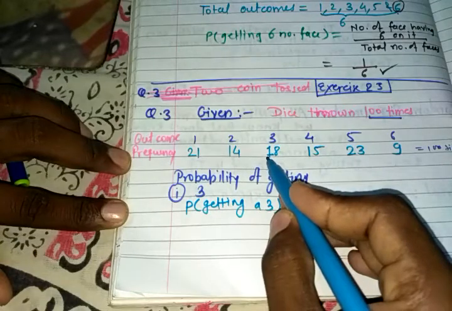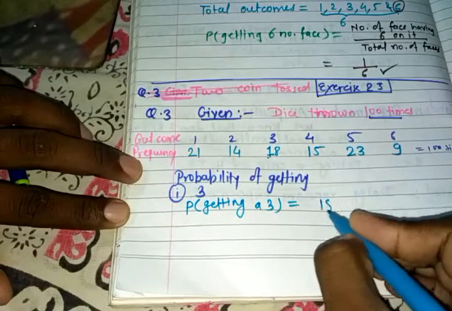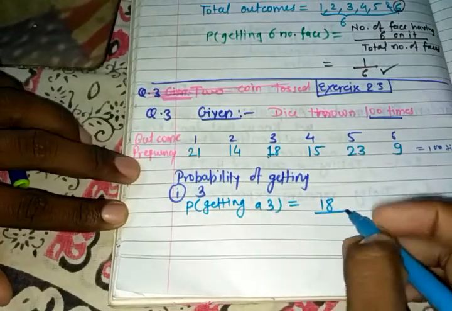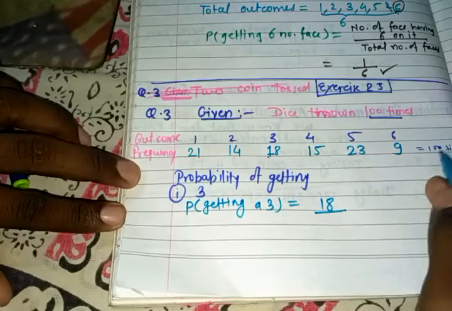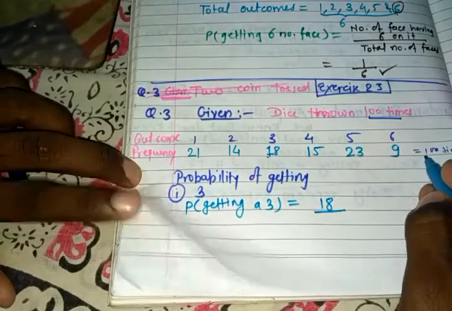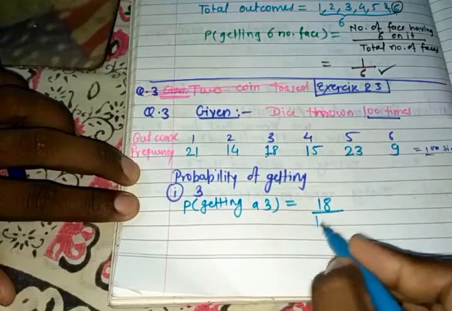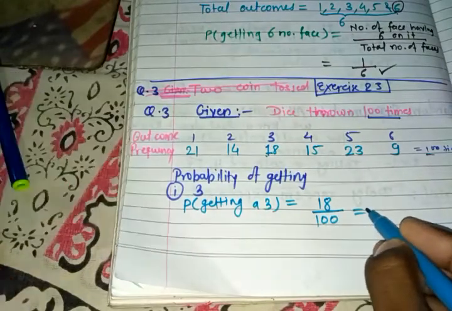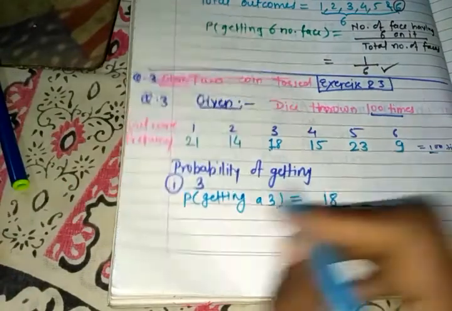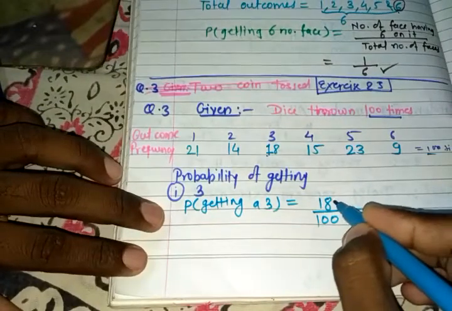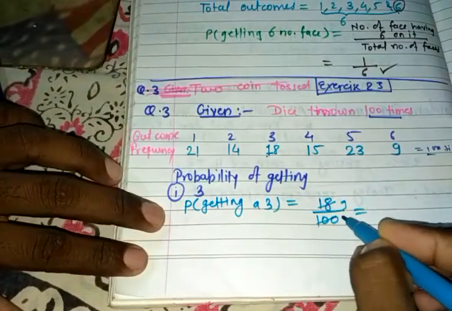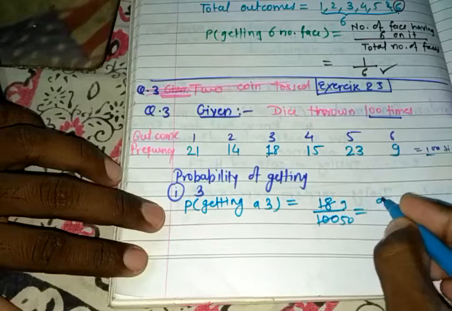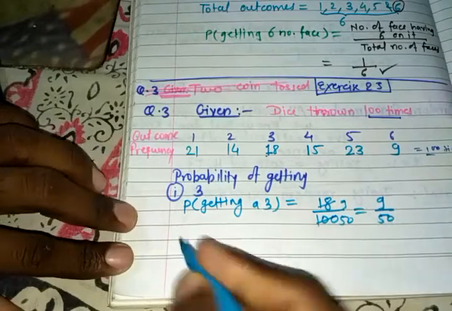How many times does 3 come? 18 times, right? The total frequency is the number of times we threw, that is 100. Now 18 by 100, we divide by 2, so it would be 9 by 50. So the answer is 9 by 50.